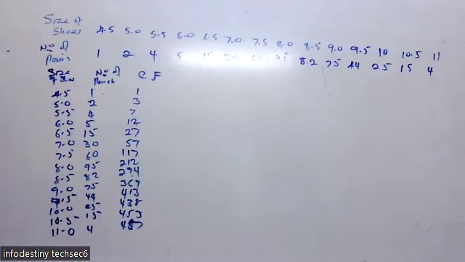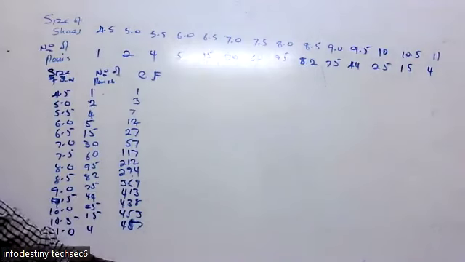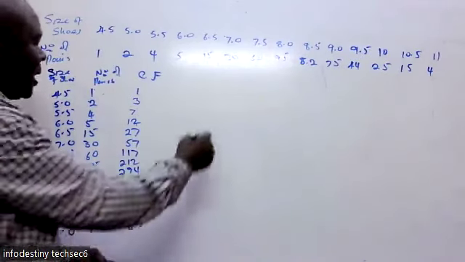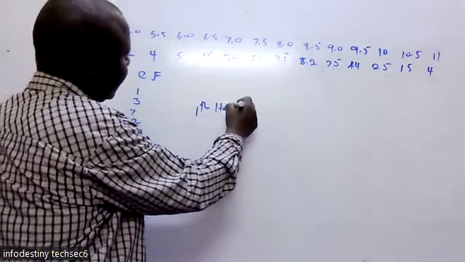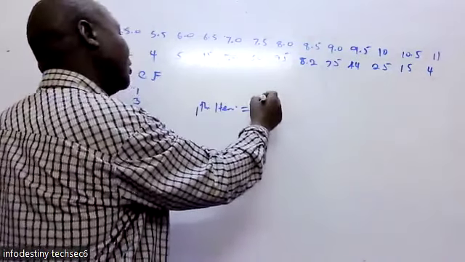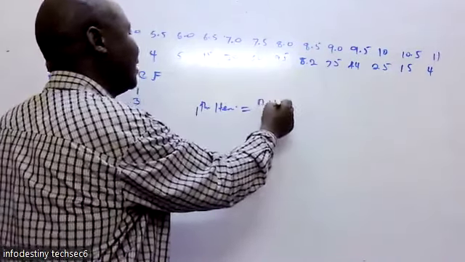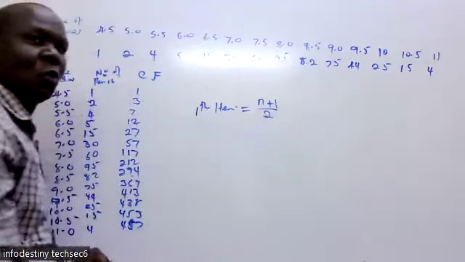Now, after that, our next step, we want to find out the median. So how do we get the median? Is this an even number or an odd number? It's an odd number. So what do you do? Say that the ith item will be equal to n plus 1 divided by 2.